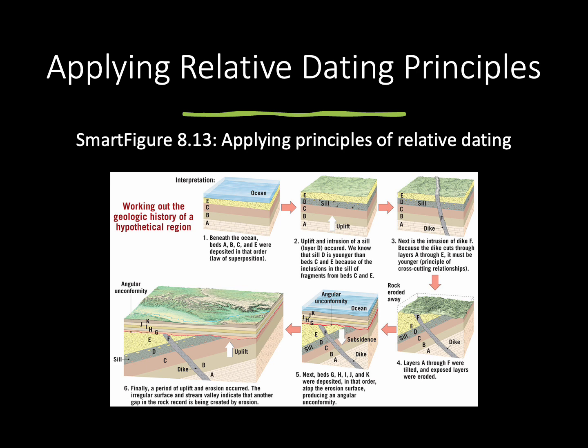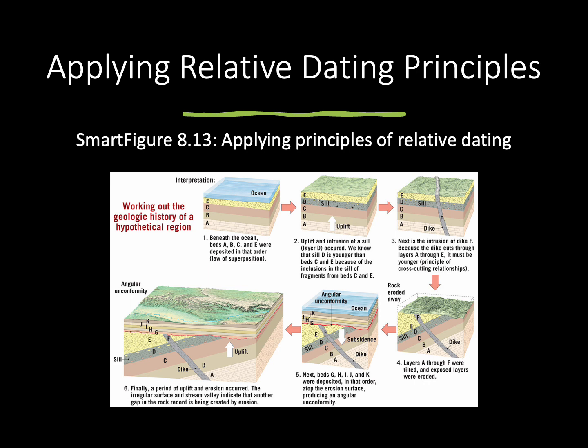But in part 1, we're going to see that we have deposited layers of sediment, and using that principle of superposition, we'll see that A is the oldest because it's at the bottom, and that E is the youngest because it's at the top. But if we look at number 2, we're going to see that we have an igneous intrusion. We have a sill, which is letter D, come in and intrude between C and E.